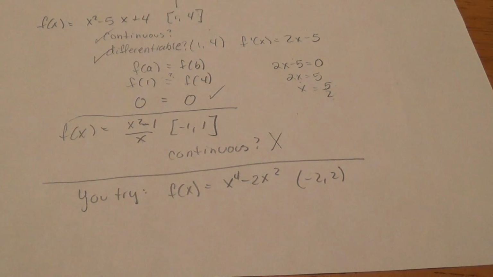Is it differentiable in the interval of interest here? And if so, go beyond Rolle's and find those spots that Rolle's theorem guarantees. I will check with you on Monday to see how you did on that problem, and then you'll have a taste of what kind of problems we'll be looking at during class on Monday.